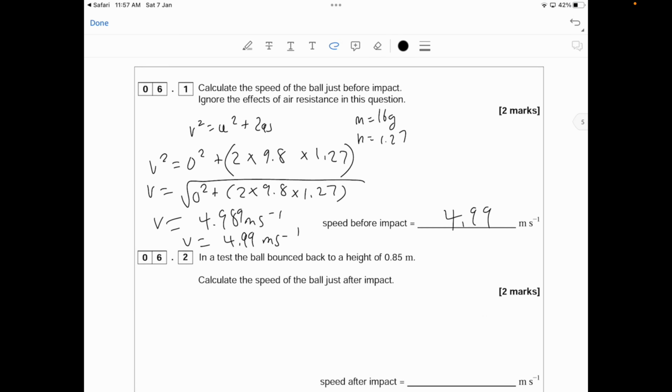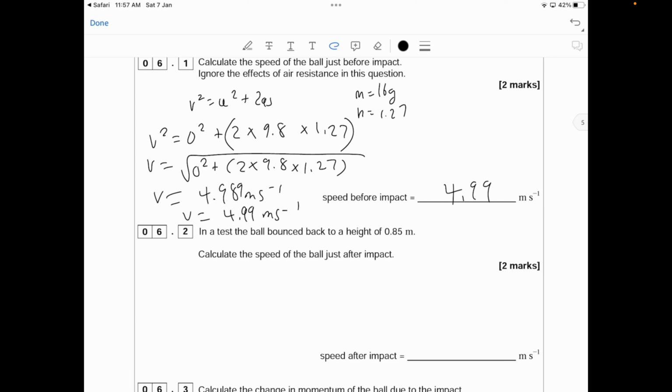Okay, the test ball bounced back to a height of that. Calculate the speed of the ball just after the impact. So we have to understand the speed of the ball just after the impact. We have to understand that gravitational potential energy could be equivalent to the kinetic energy that's lost. Meaning that whatever gravitational potential energy you gain is equivalent to the kinetic energy that's lost.